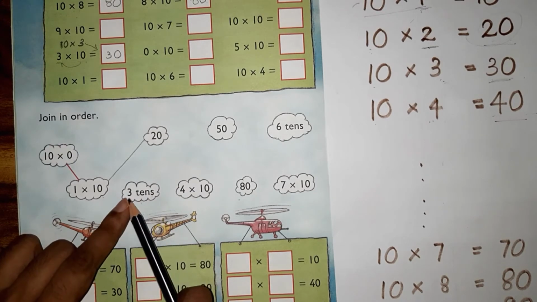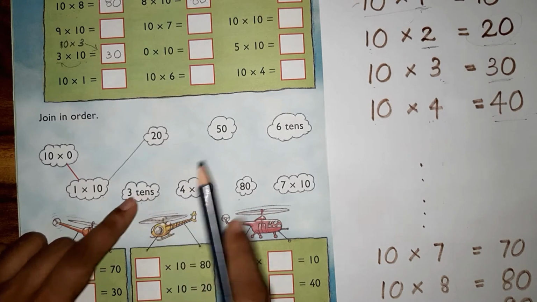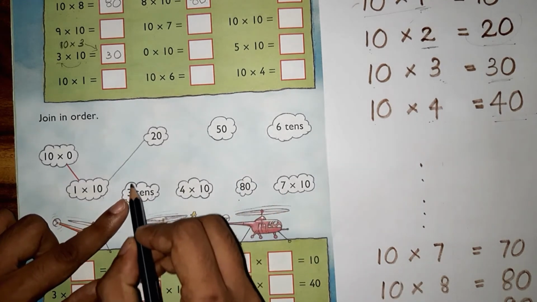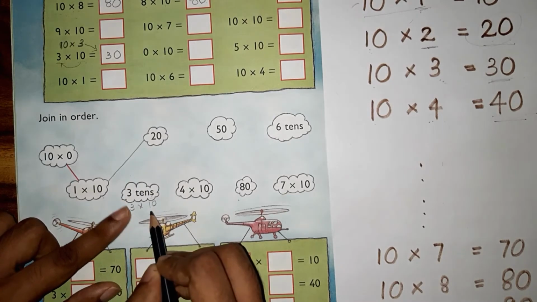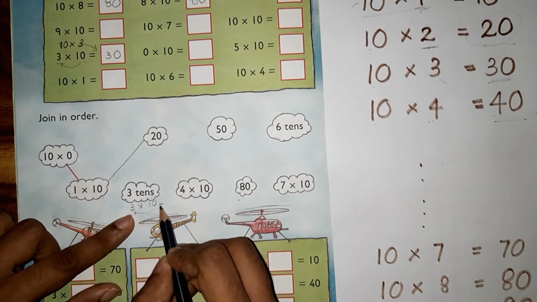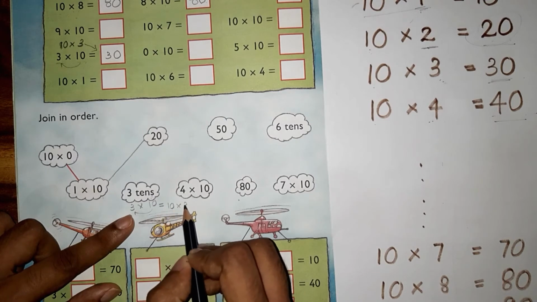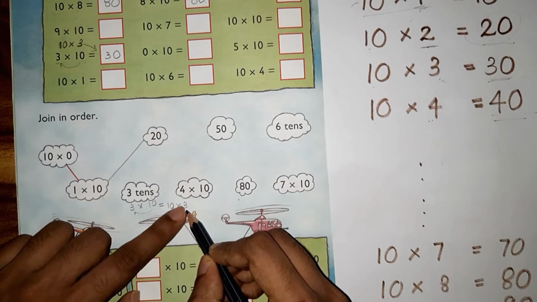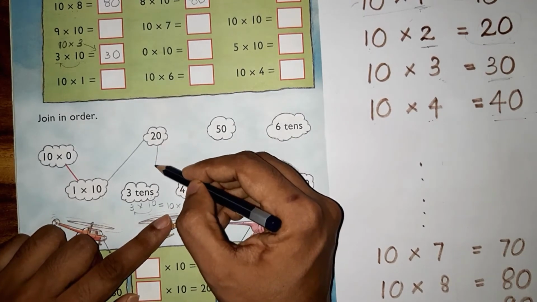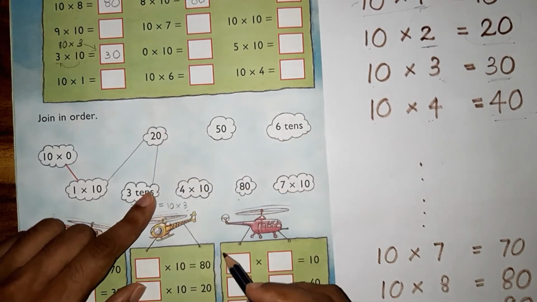And also 3 tenths. 3 tenths means 3 times 10. And this is the same thing, 10 times 3. So, after 2, there should be 3 according to the order. So, you need to draw the line here.